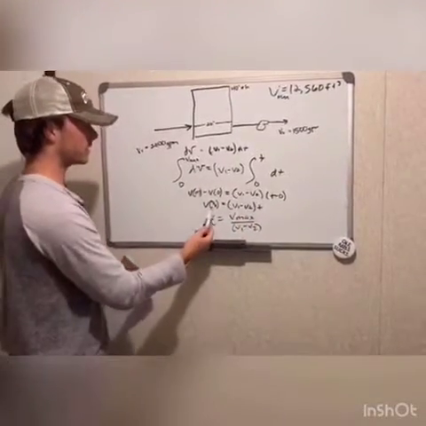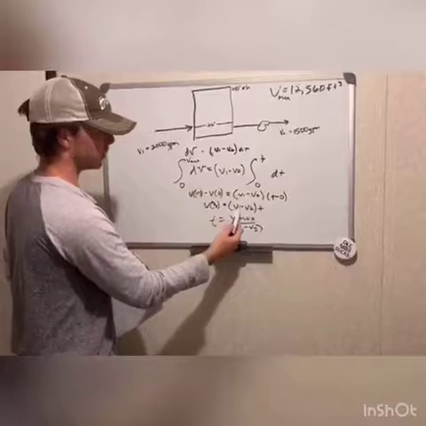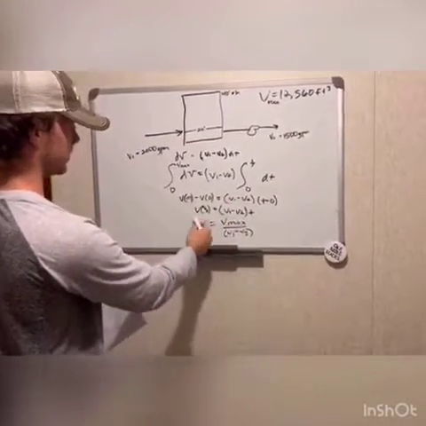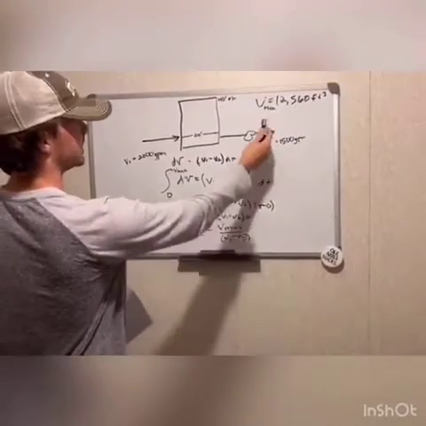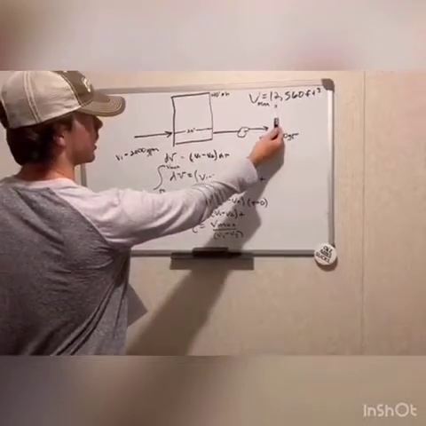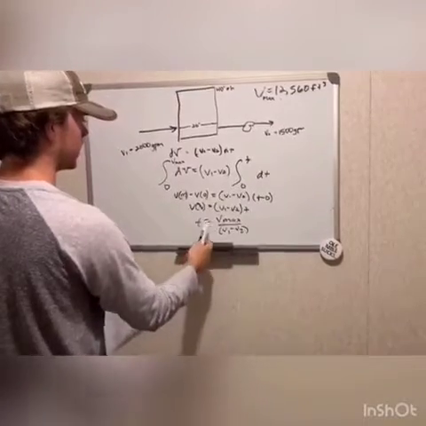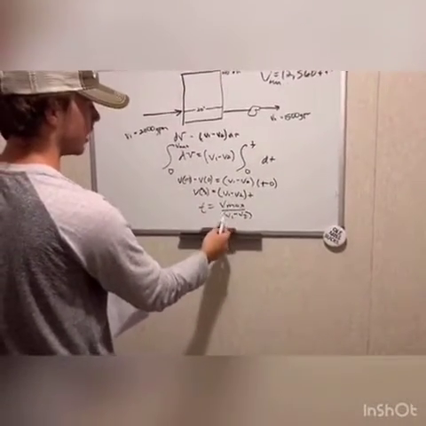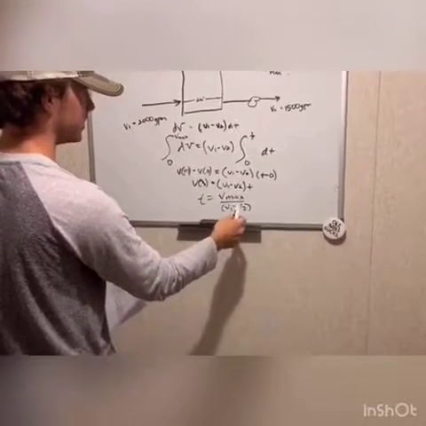So Vmax equals V1 minus V2 times t. When you simplify all that down, this is what you get. Vmax is the number that we found earlier. When you solve for t, t equals Vmax over V1 minus V2.